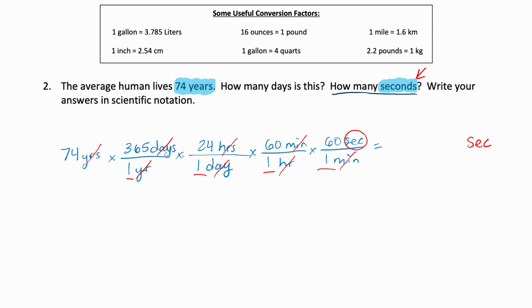That's going to give you, at least on my phone, 2.33366 e to the 9th. That's just telling you that it's 2.33, let's round it to 4, times 10 to the 9th seconds. And if it did not give it to you in that form, you can just move the decimal point until you get to a number between 1 and 10, which in this case would be 2.3.